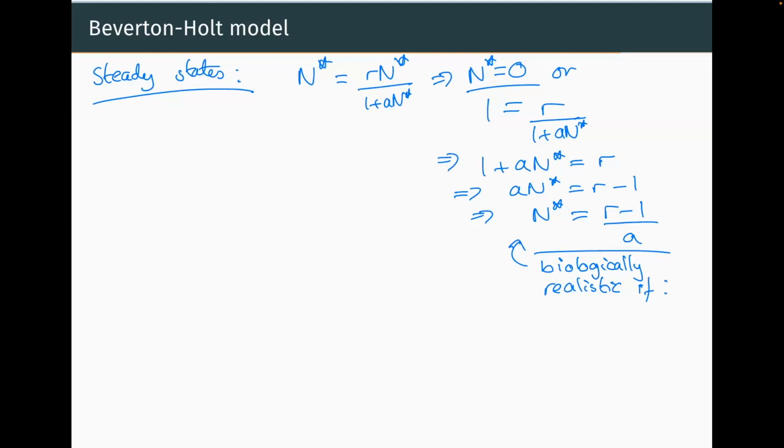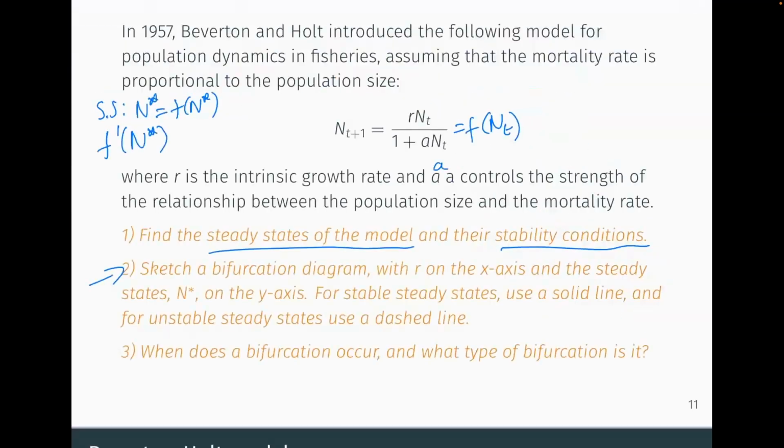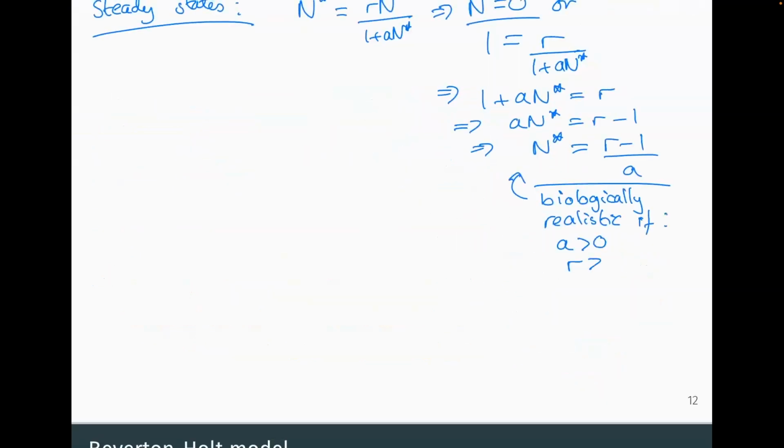Anything else? When we're saying biologically realistic, we're basically saying this has to be positive. So r has to be greater than 1. So we need a to be positive. This should have been in the question, really. It should have said a is greater than 0 here. So that was kind of taken as a given, but crucially, r has to be greater than 1. That's the key one.